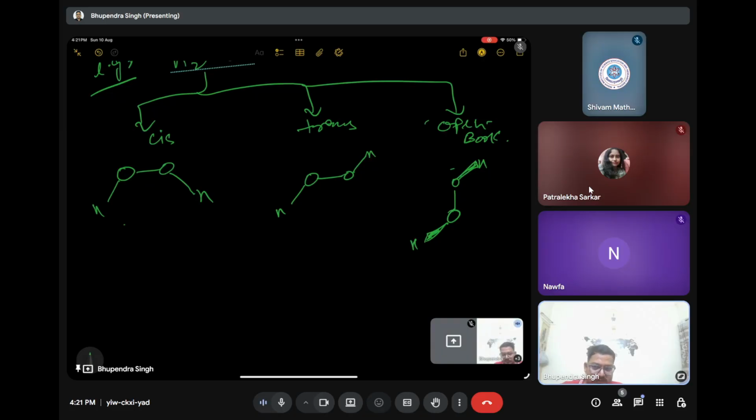First determine the axis of symmetry, then plane of symmetry, then center of inversion, then improper axis of symmetry. Then you will easily find out the point group of these molecules. So, okay, tell me, what is the point group of this one, cis one?